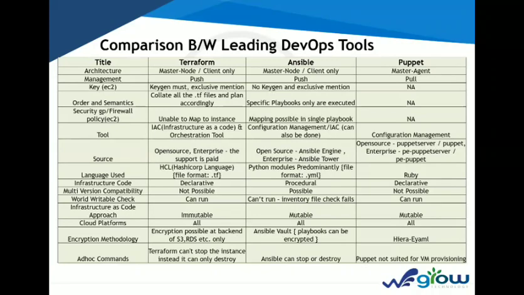So Terraform and Puppet actually focus on the declarative approach, whereas Ansible focuses on both declarative as well as procedural. Declarative is nothing but you have to create instructions in the form of a .tf file.